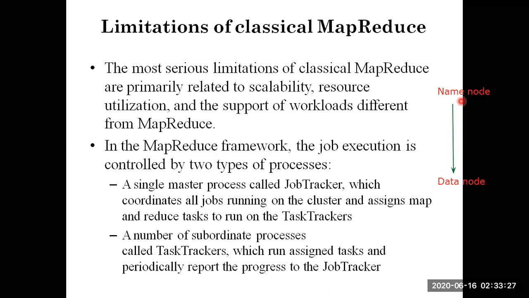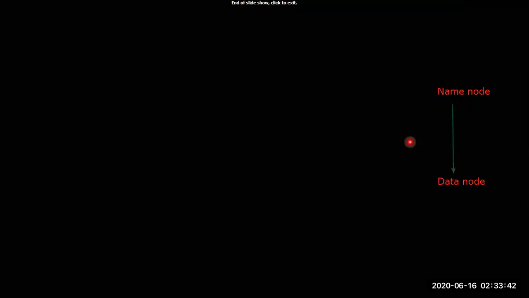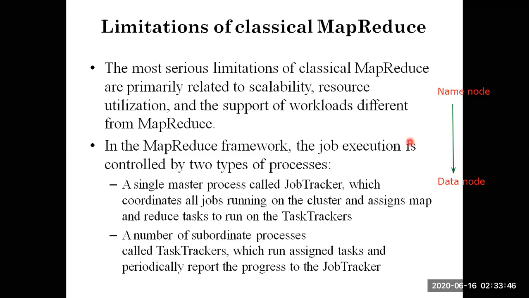So job tracker is the master process, which is going to control or coordinate the jobs running on task tracker. Task tracker will be implementing them, and it will be providing those results back to the master process, job tracker. So these are the limitations of MapReduce.